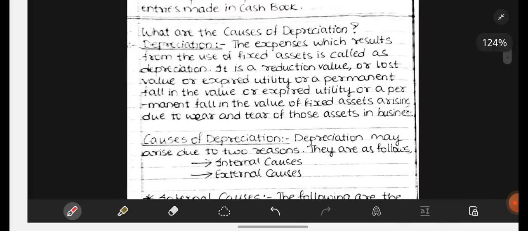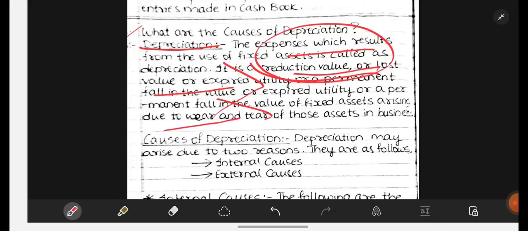What are the causes of depreciation? What is depreciation? You have to write. When we take a property or a machine or some furniture, after a few days, with the passage of time, the price of it decreases. Yes or no? With the use of that machine.